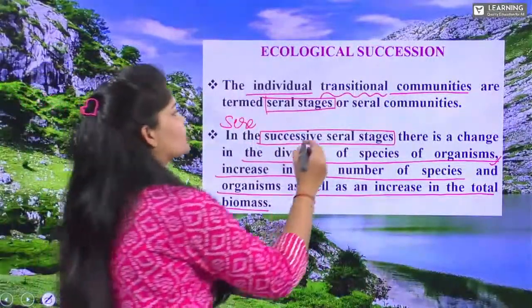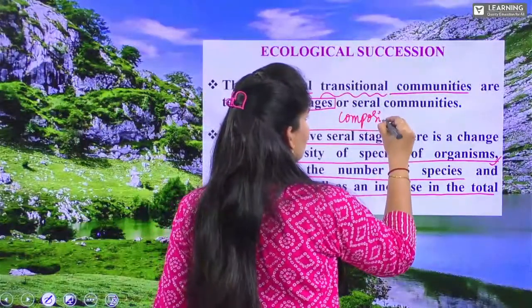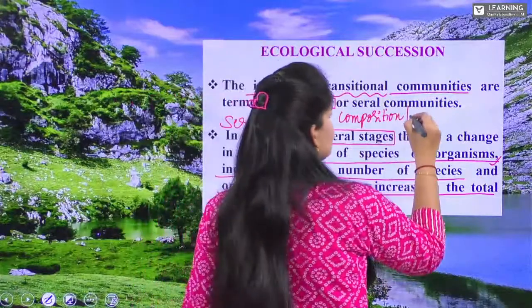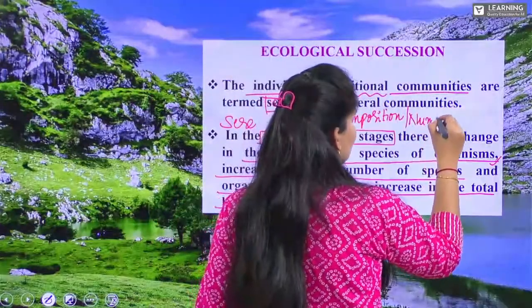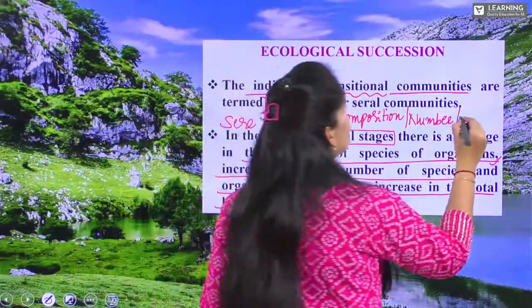One is composition, that means diversity. One is the number of organisms, and the other is total biomass.